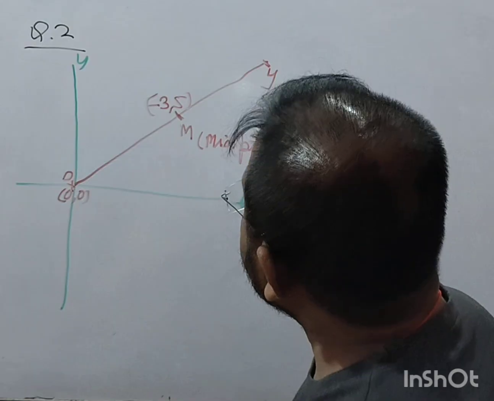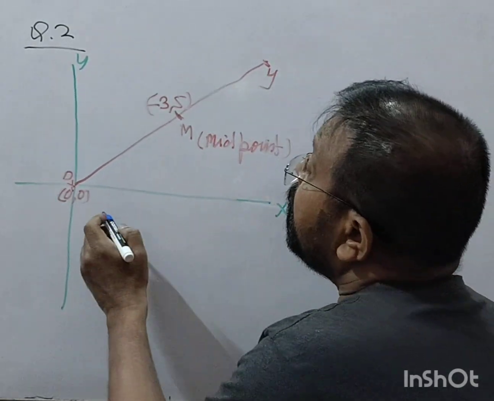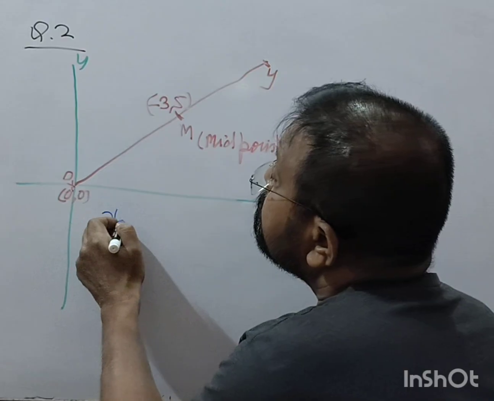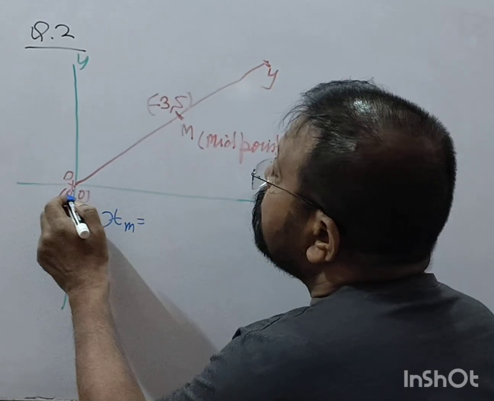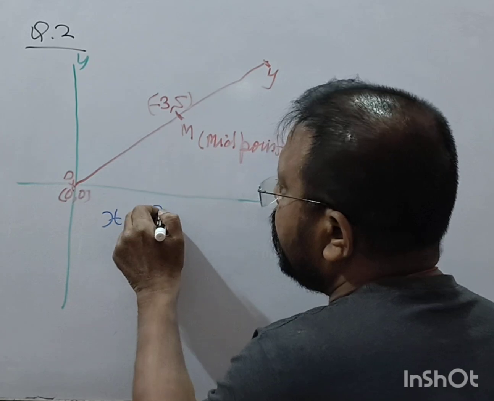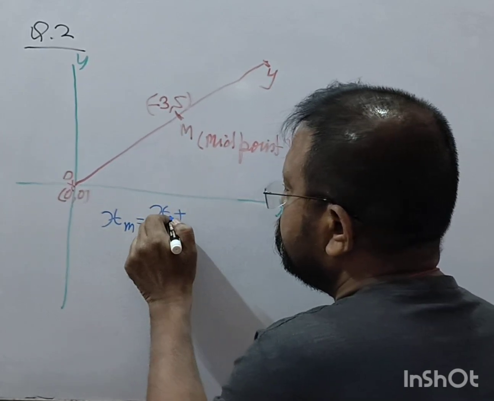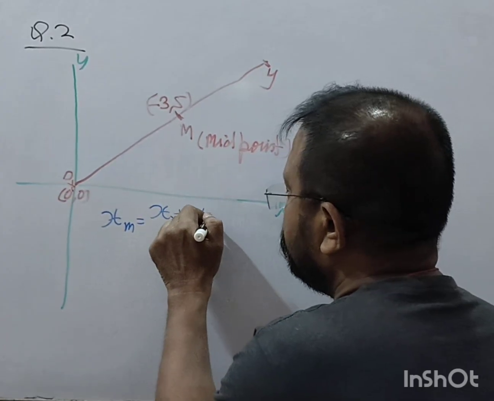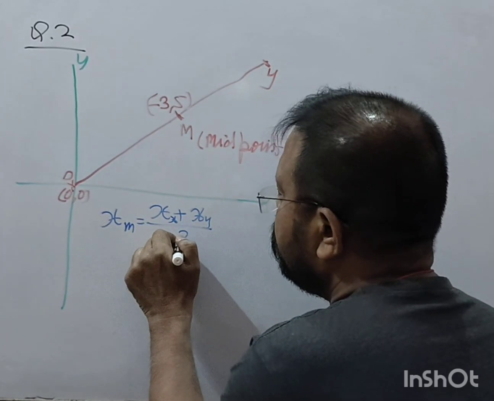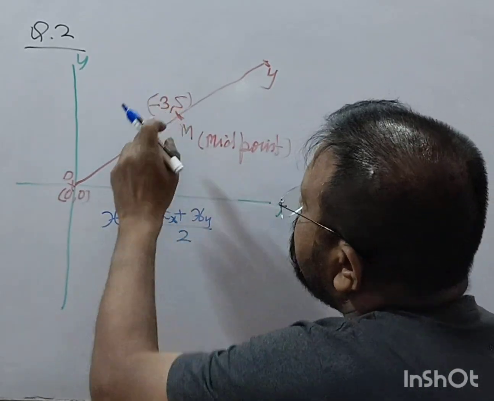So if we find the coordinates, then what happens? X midpoint is equal to x of X plus x of Y by 2, right? And this is minus 3.